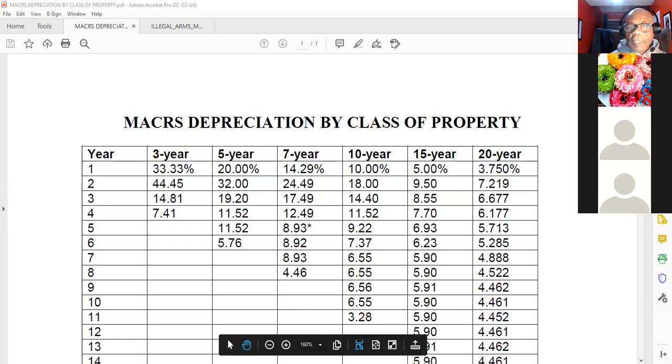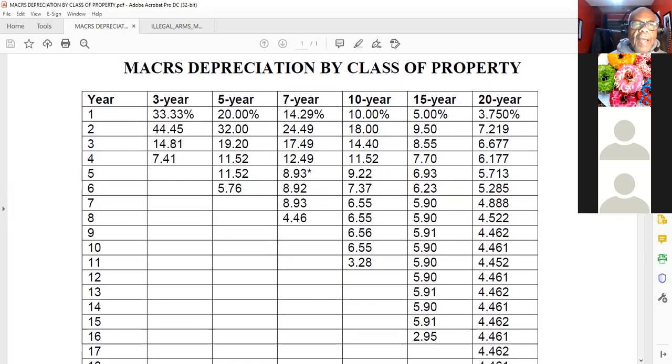So the Congress has classified assets, okay? And so these are the percentages given by Congress. They are not something that I made up or I calculated myself. You don't have a choice.